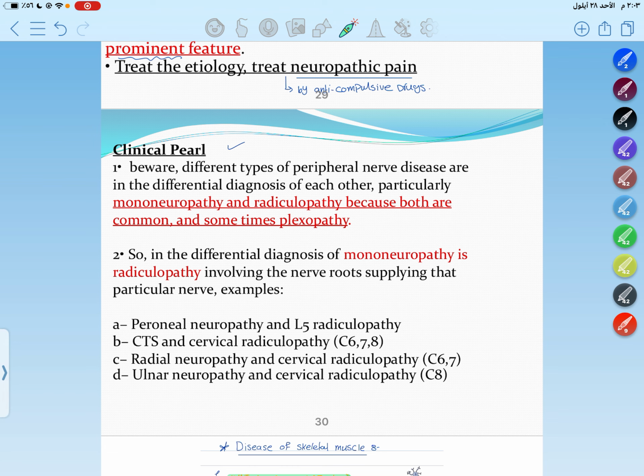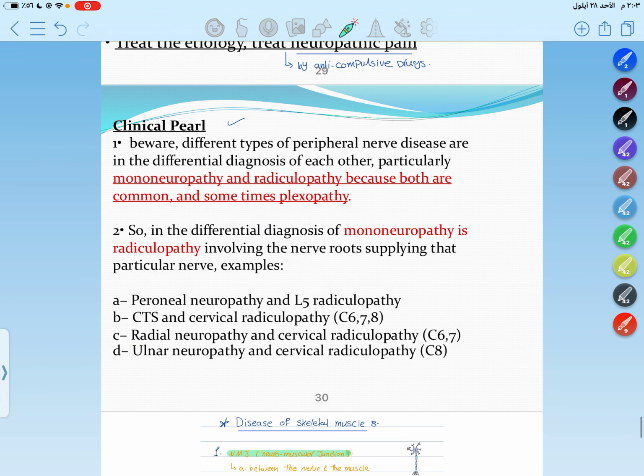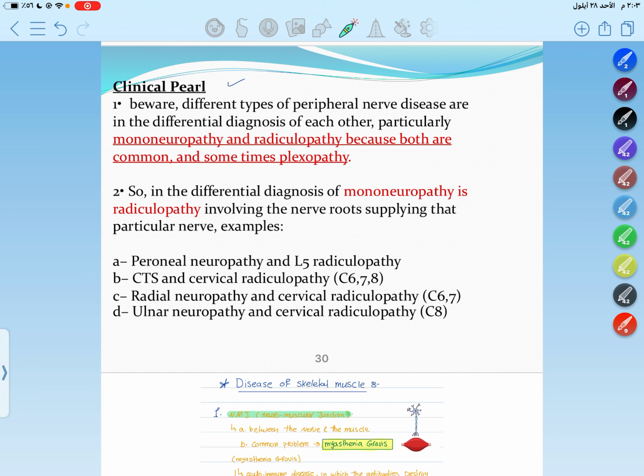And also you have to differentiate between, for example, mononeuropathy and radiculopathy, or mononeuropathy and plexopathy, for example, peroneal neuropathy, which is a nerve, and L5 radiculopathy. Carpal tunnel syndrome and radiculopathy C6, 7, 8. Radial neuropathy and cervical radiculopathy C6 and 7. Ulnar neuropathy and cervical C8.